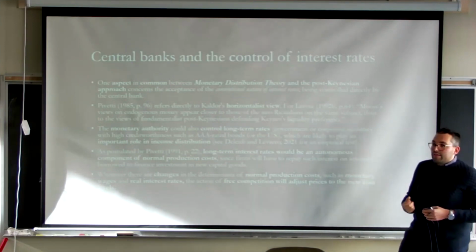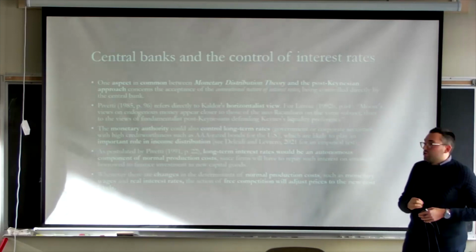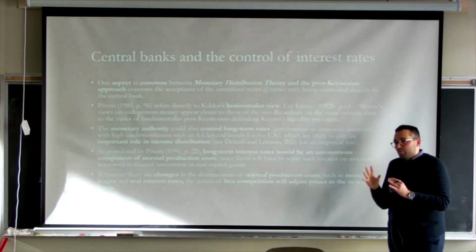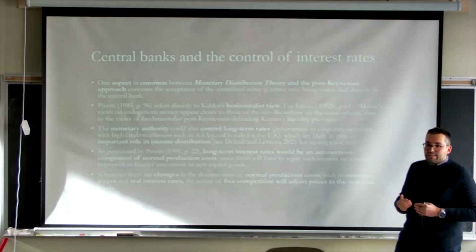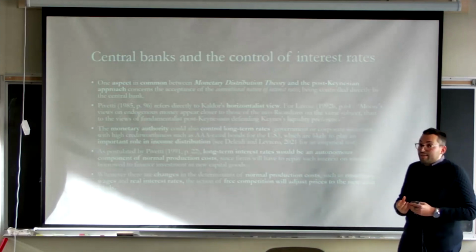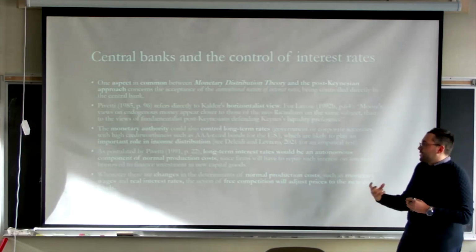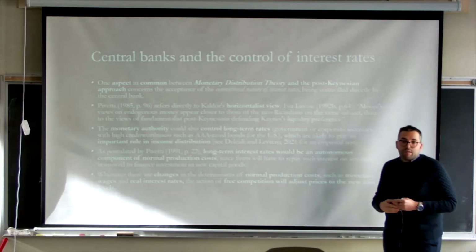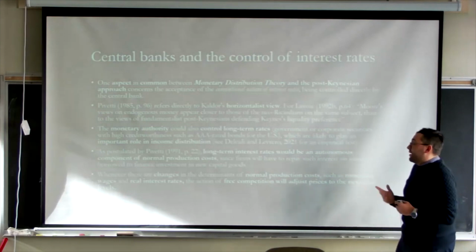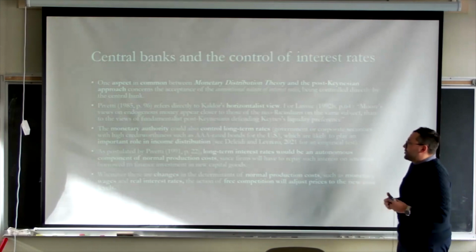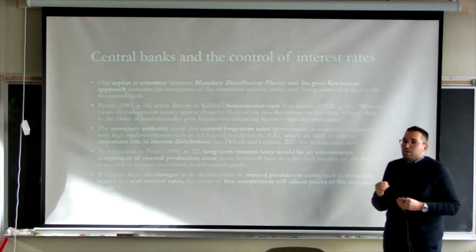Another point in common between these two approaches is that the central bank can also control the long-term interest rate, which is the most important interest rate to explain the relationship between monetary policy and income distribution. As postulated by Pivetti in his main work, the long-term interest rate would be an autonomous component of normal production cost.